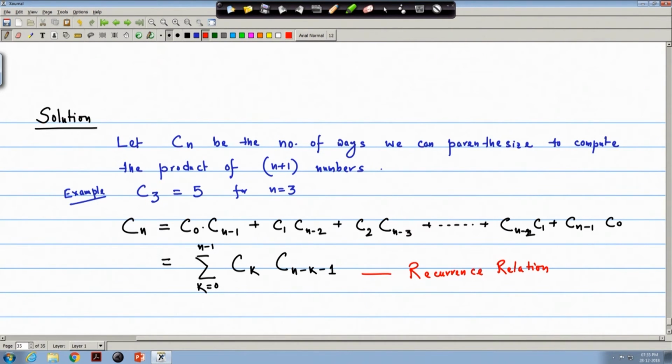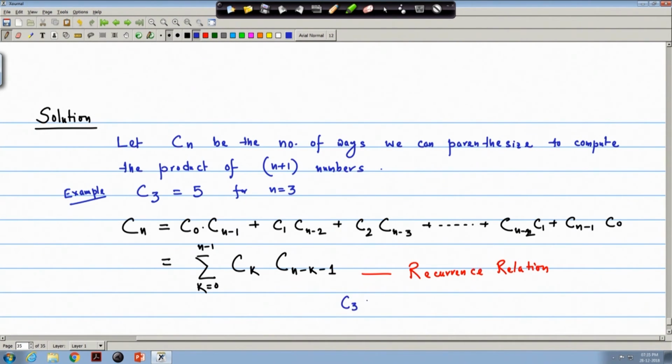So, already we have seen that for n equal to 3, C3 equals 5. So, we can put here n equal to 3. What is my C3?